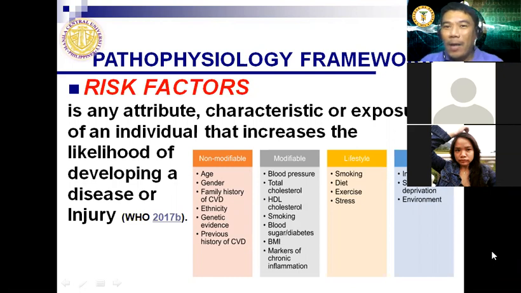In the differential count, which of the following may support that the client has inflammation? Monocytes, eosinophils, basophils, or lymphocytes?